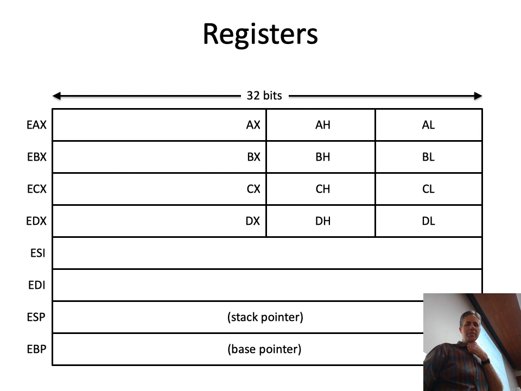And the base pointer, BP, points to your current stack frame, where the data for the currently executing procedure is. What special purpose means is that there are instructions that don't take a register as a parameter or argument, but are hard-coded to use particular registers. So you can temporarily put other things in these registers in some cases, but if you execute one of these instructions, the processor expects certain things to be there. Any questions?